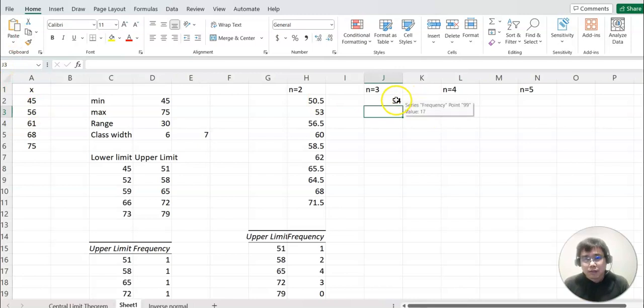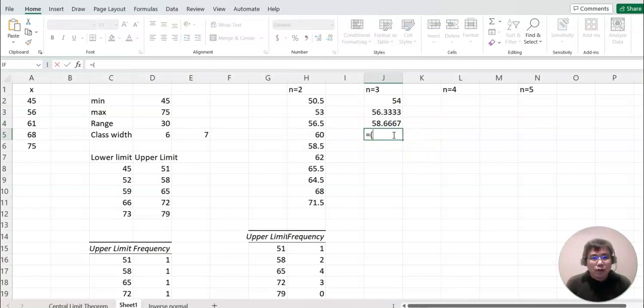Okay, then I do 5 and 6. Then the next one is from the second data, I'm going to fix that, then plus the third data, plus the fourth data, and divide by 3.